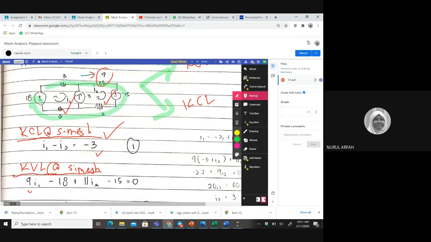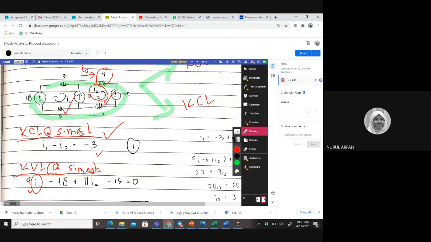Okay, this 9 ohms. You have what current there? Brothers and sisters? I2. Yes, why I2? Because this 9 ohms is at this loop. So you have I2 here. I2 into 9 ohms. So you should have 9 ohms there.